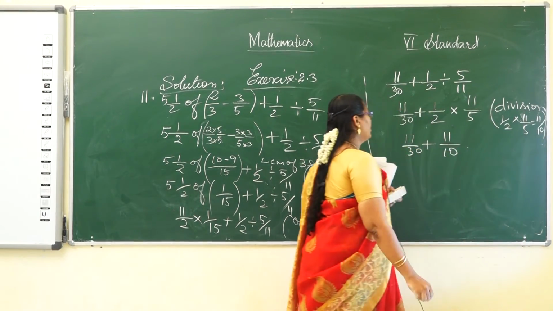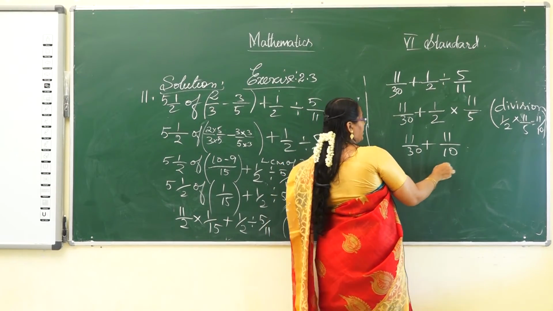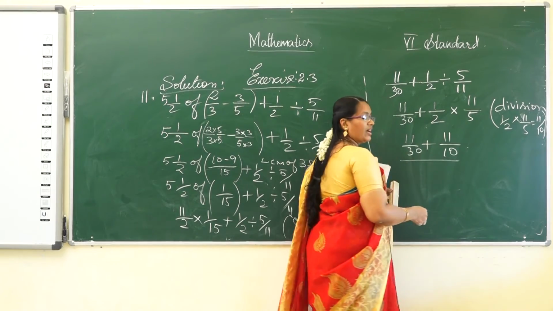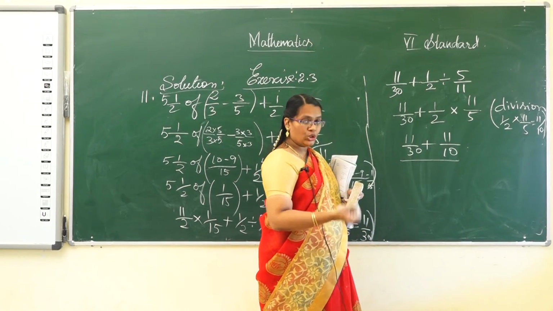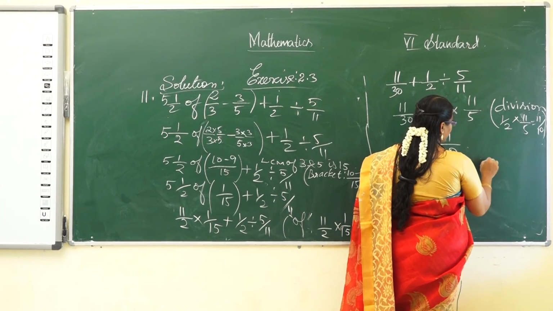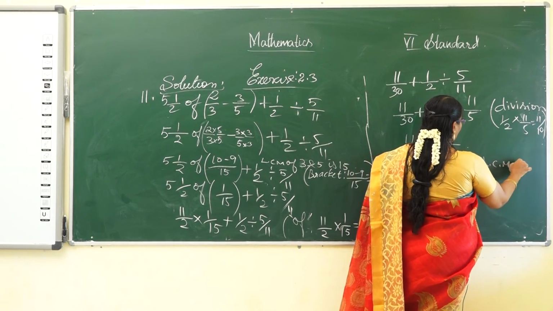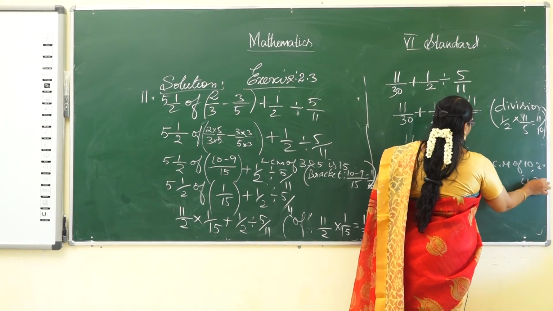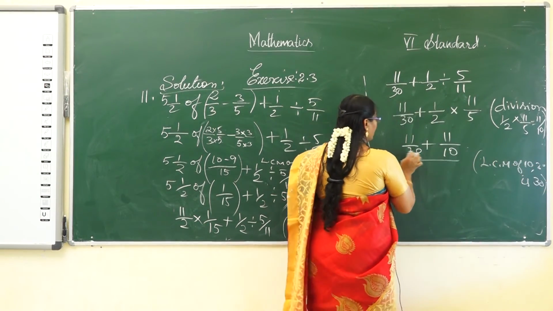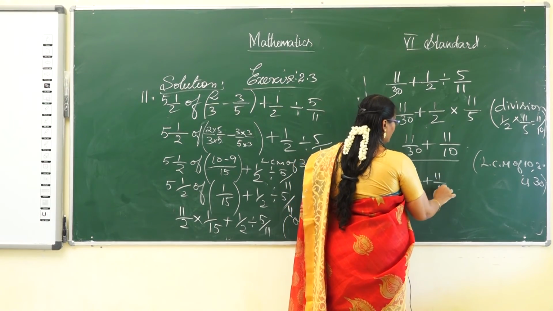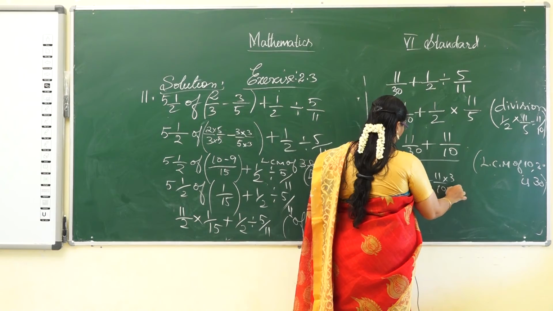Okay. Now here is addition, addition of fractions. Unlike fractions are there, so we will change to like fractions. In this place you should find the LCM. The LCM of 10 and 30 is 30. Okay. So 11 by 30 plus, here the numerator and denominator are multiplied by 3.